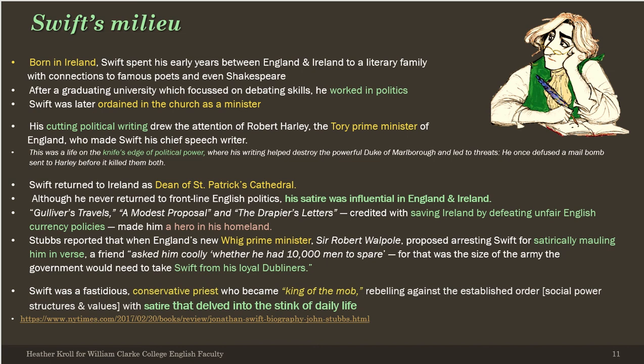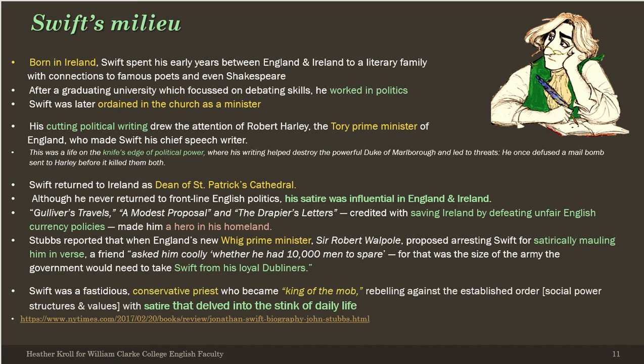Okay, so let's have a look at something a little bit more personal. This is more aspects of Swift's milieu. He's born in Ireland. He spent his early years zipping backwards and forwards between Ireland and England, and he belonged to a literary family with masses of connections to famous poets and even to Shakespeare himself. After graduating university, which focused on debating skills, he worked in politics.